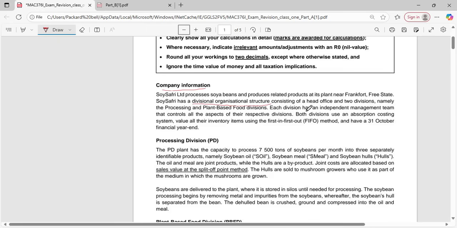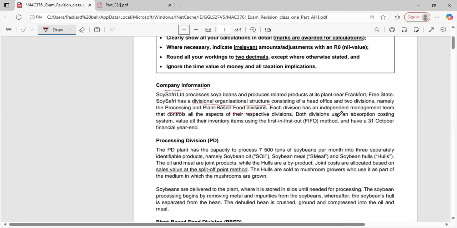You are now looking at performance management, and they say it consists of a head office and two divisions, namely the processing and the plant-based food division.